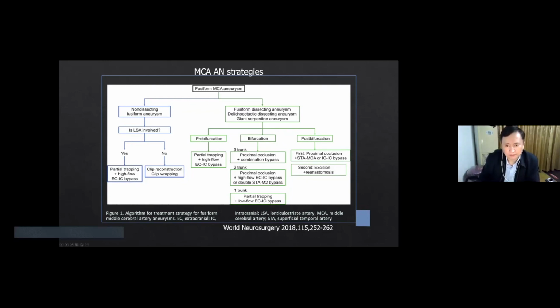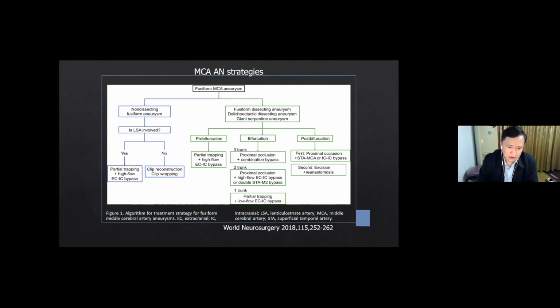Then there are fusiform dissecting aneurysms, thrombotic dissecting aneurysms, or sometimes giant serpentine aneurysms. We will do some blood flow measurement before the surgery with the NOVA system.